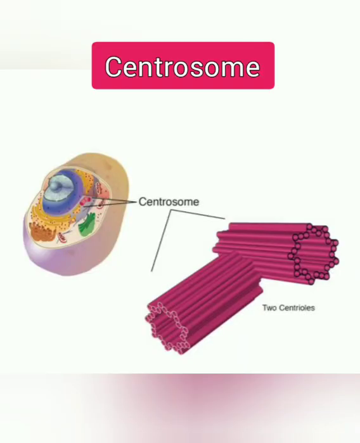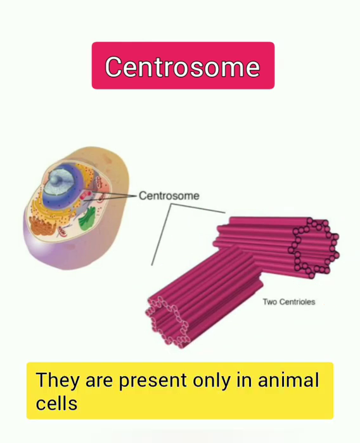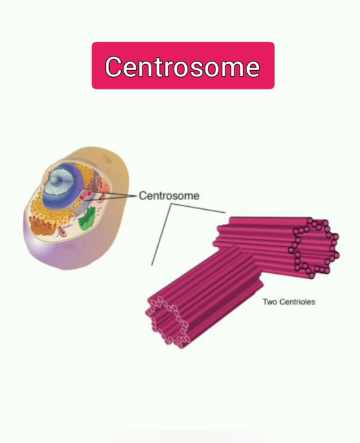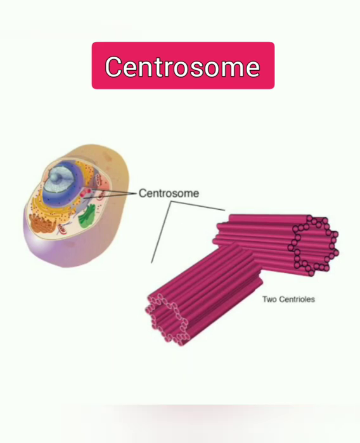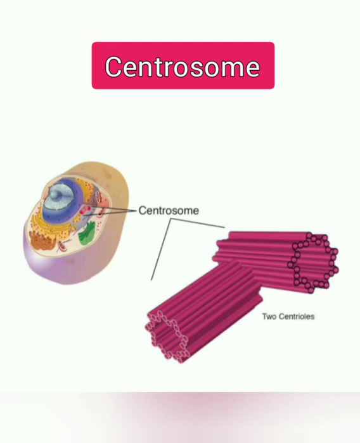The next cell organelle is centrosomes. These are present only in animal cells and are found near the nucleus. They are not membrane bound. It contains two cylindrical bodies, this one and this one. These cylindrical bodies are positioned at right angle to each other.